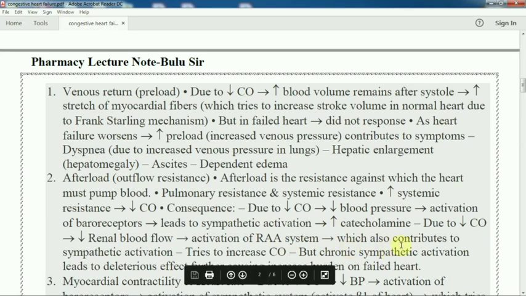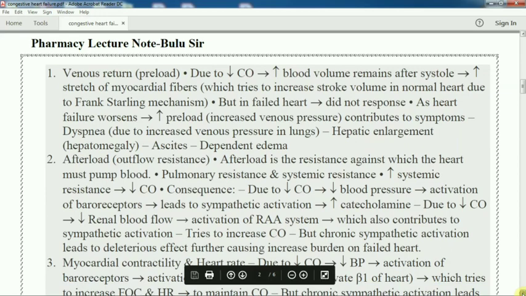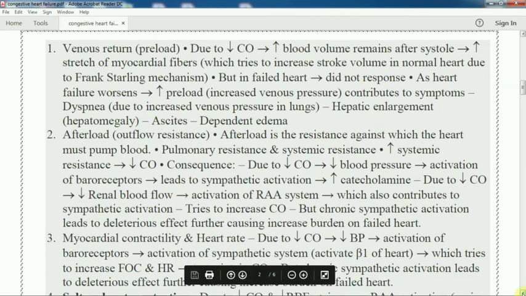But chronic sympathetic activation leads to a deleterious effect, further increasing the burden on the failed heart. In congestive heart failure, there is this burden. This is what happens in afterload in a congestive heart failure patient.